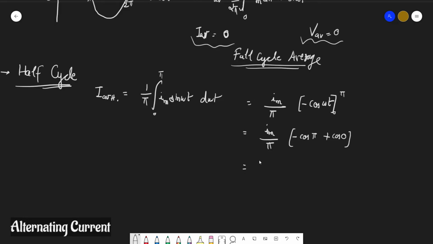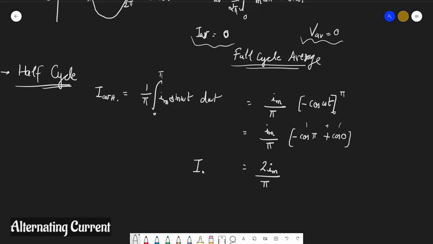You know cos pi is minus 1, so minus 1 becomes plus 1, and cos 0 is 1. So 1 plus 1 becomes 2, and you get pi. So this is 2 Im by pi.